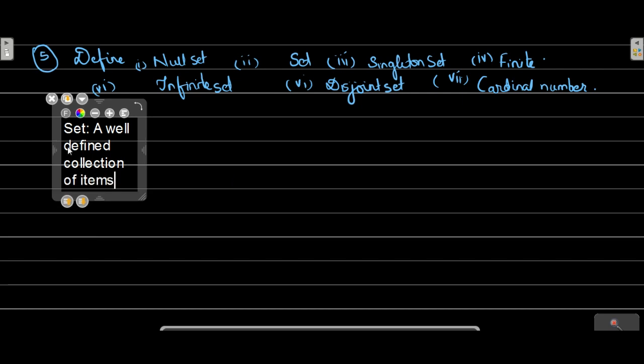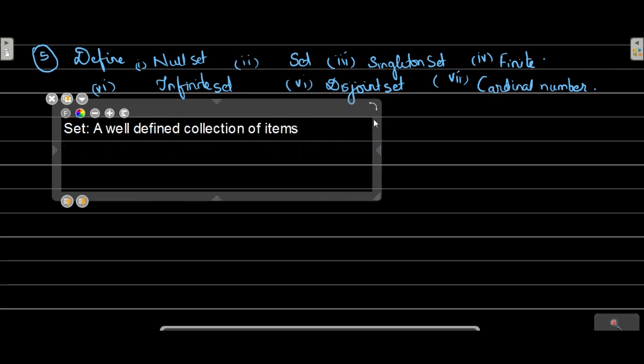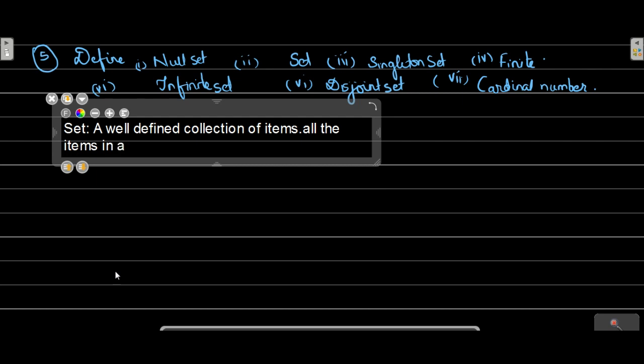A set is a well defined collection of elements or items. In a set, all the items are called elements.